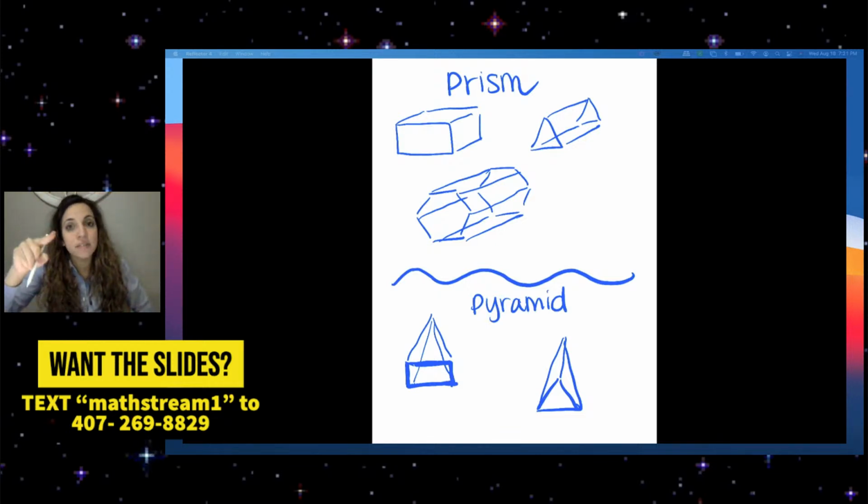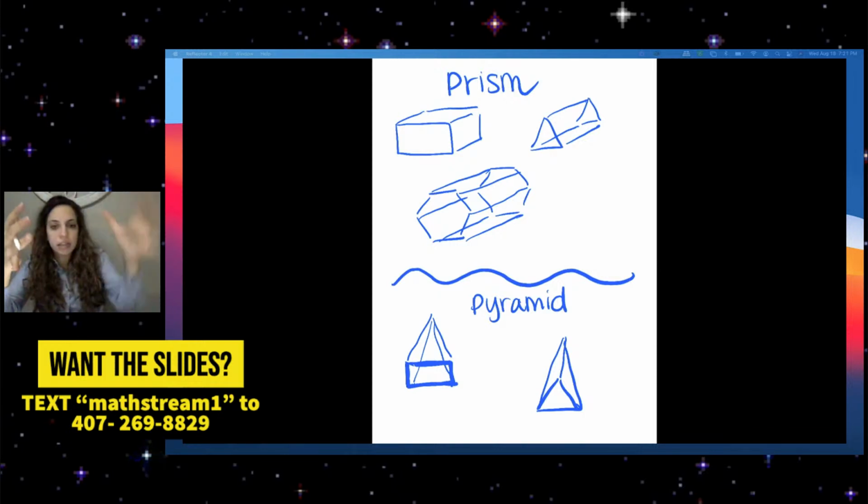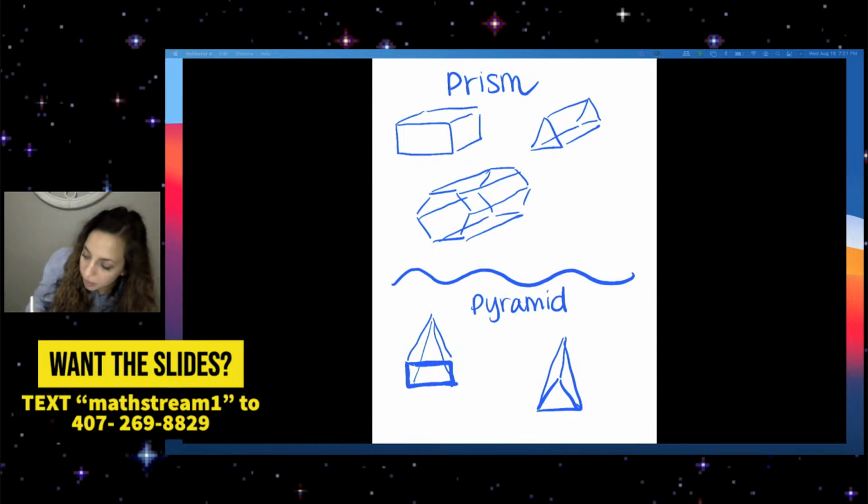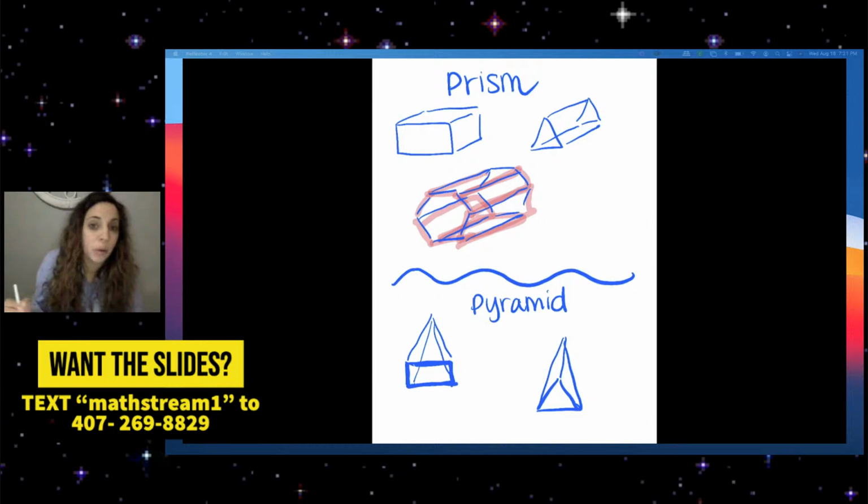A prism is kind of the same in the sense that if I have 2 equal bases and rectangles around it, the number of rectangles I have is going to equal the number of sides on my base, because this side is going to have a rectangle, this side is going to have a rectangle, this side is going to have a rectangle, this side is going to have a rectangle. You see where I'm going with that.